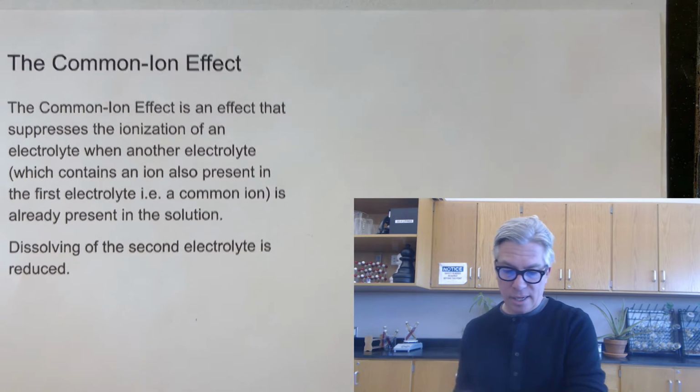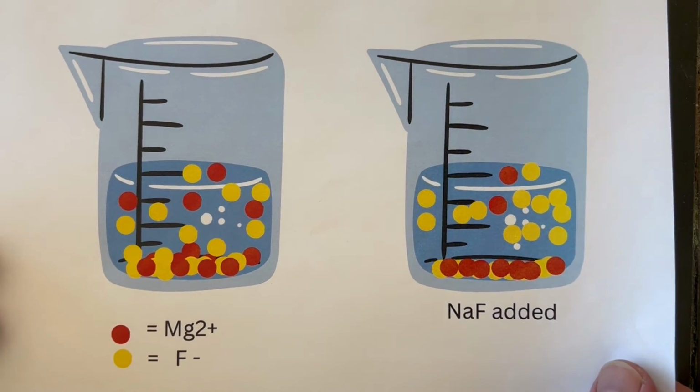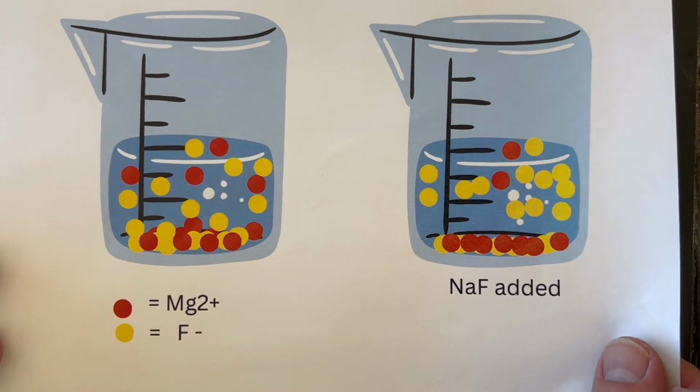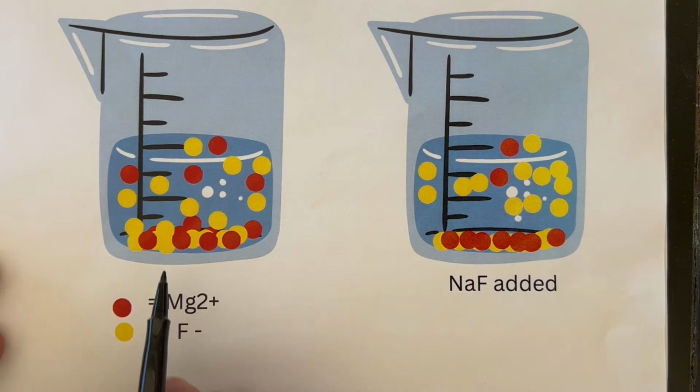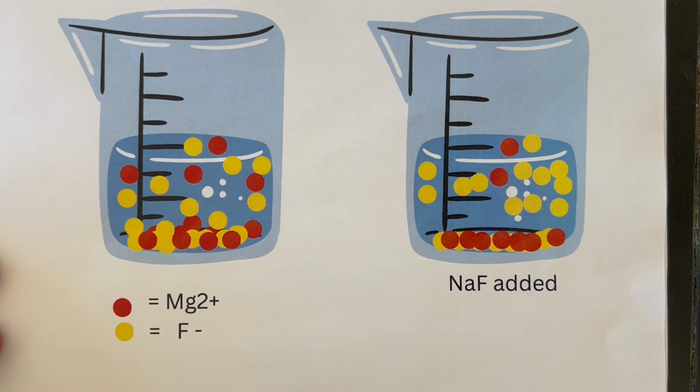So let's take a look at a diagram of my magnesium fluoride situation. You've got to imagine that there were some magnesiums here in red. There's maybe 4 of them, and I put 8 of the yellow ones floating in solution. And they're having a great old time dissolving and undissolving.